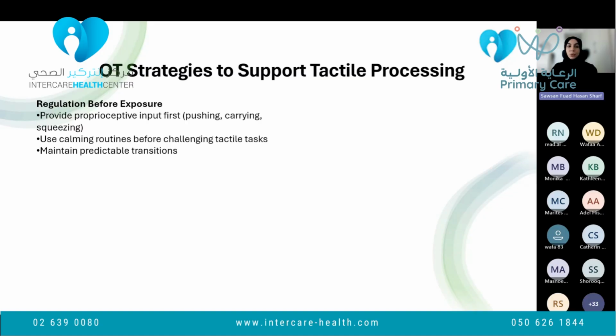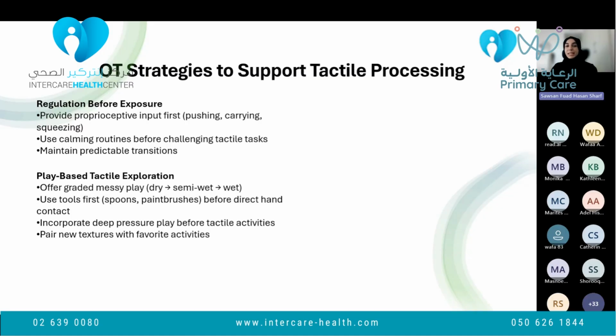Also, we have to maintain predictable transitions. We cannot just expect the child to participate suddenly in one activity that needs touch or overexposure to the tactile system. So for play-based tactile exploration, as I already mentioned, we always have to start with something dry.